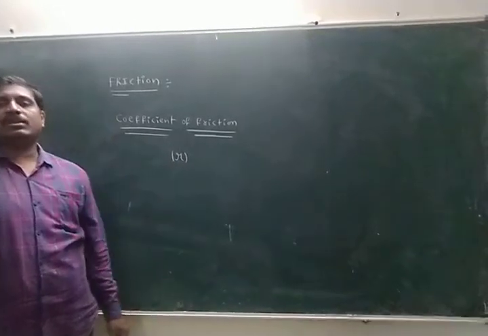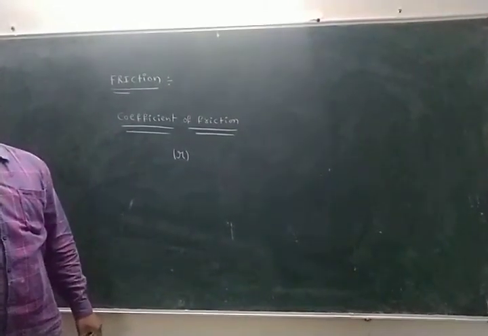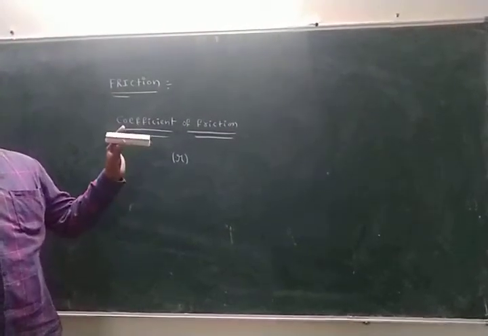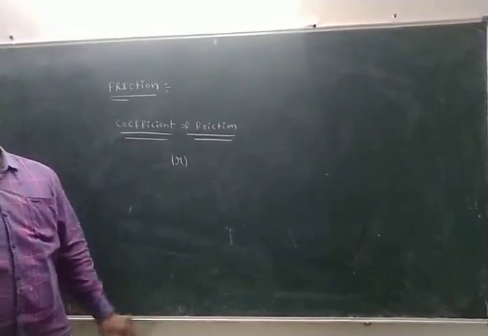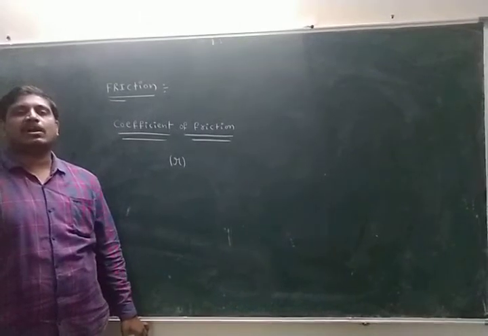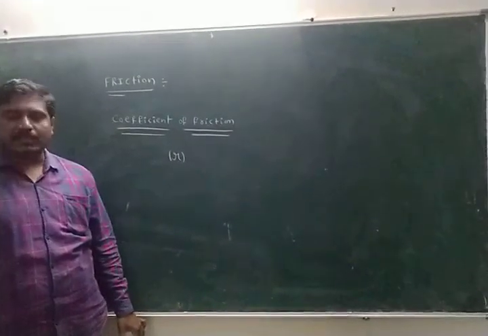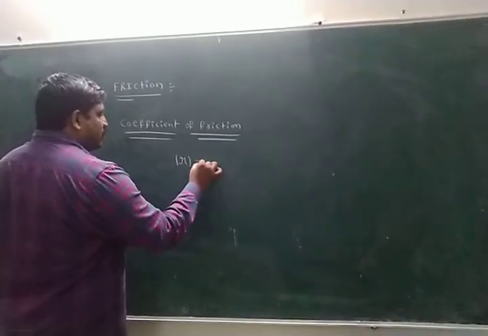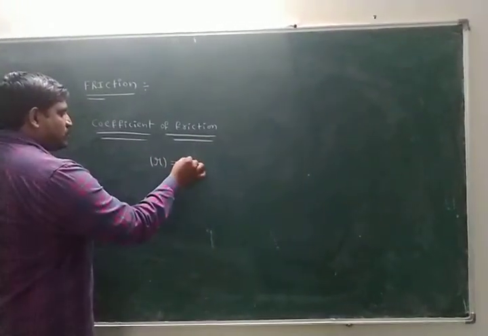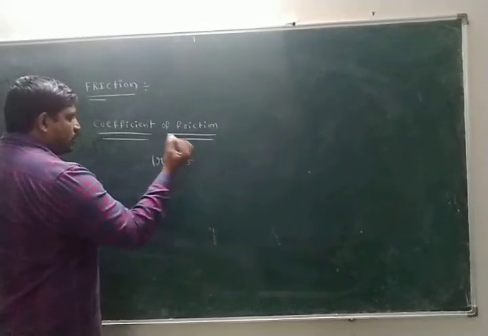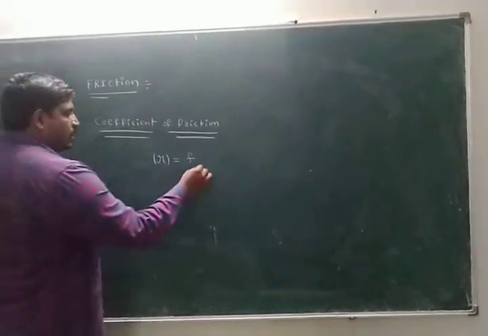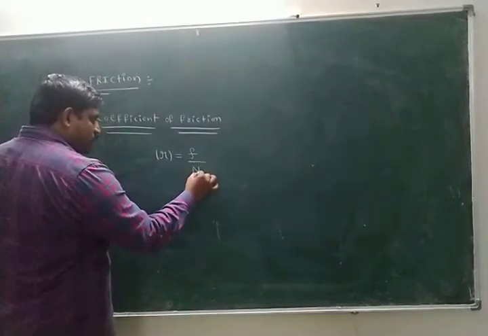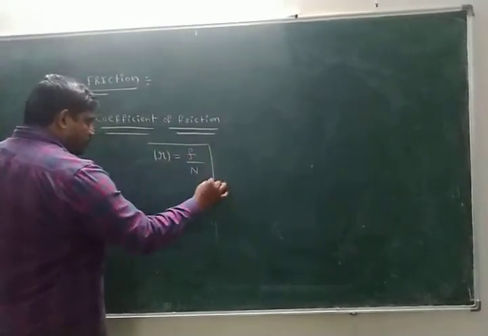If the mu value is less, that surface is smoother. Depending on mu, we can identify whether a surface is rougher or smoother. It is mathematically defined as the ratio of frictional force to normal reaction.